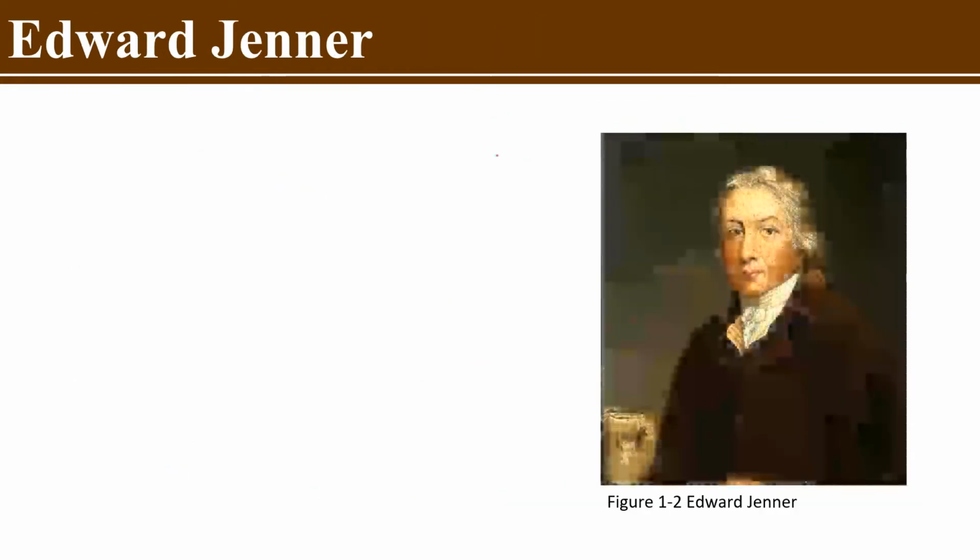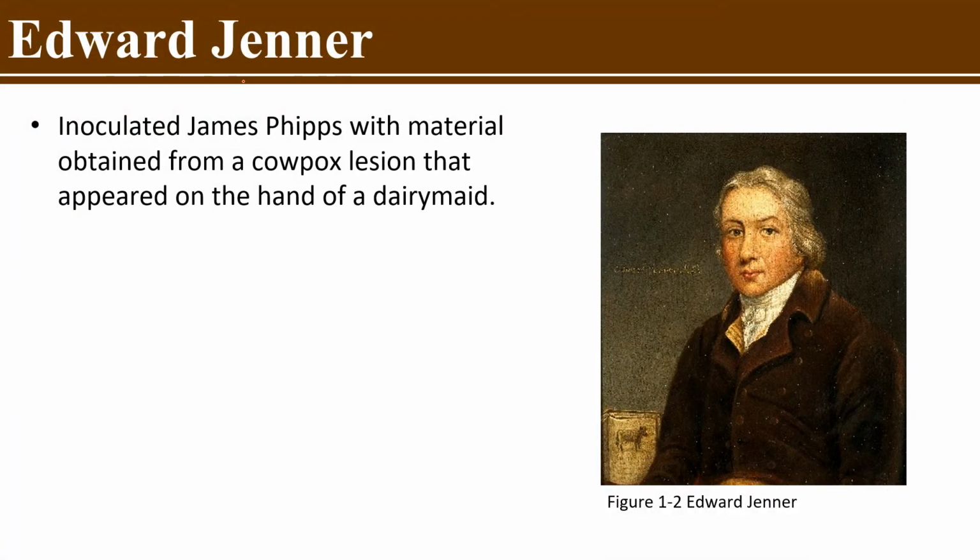Now, a better mode of variolation was introduced by Edward Jenner, wherein he inoculated James Phipps with material obtained from a cowpox lesion that appeared on the hand of a dairymaid. Now, class, cowpox is the bovine version of your smallpox.